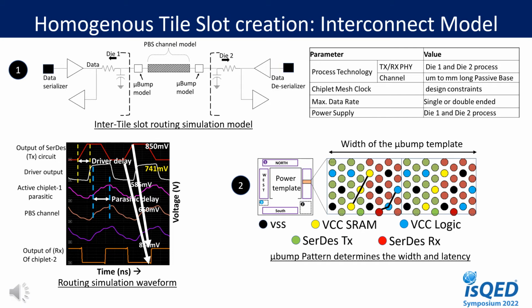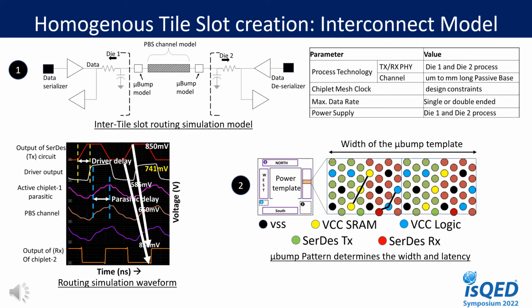The waveform here illustrates the results from the simulation model, wherein an example input from the SerDes transmitter from chiplet 1 goes all the way through die 1's driver output through the micro bumps and enters the PBS.